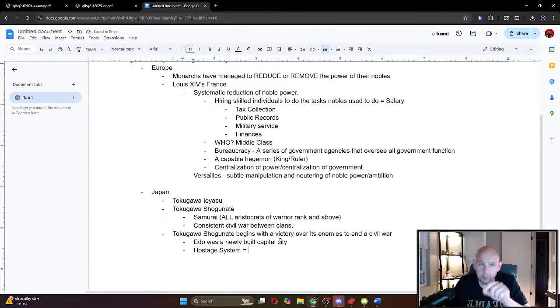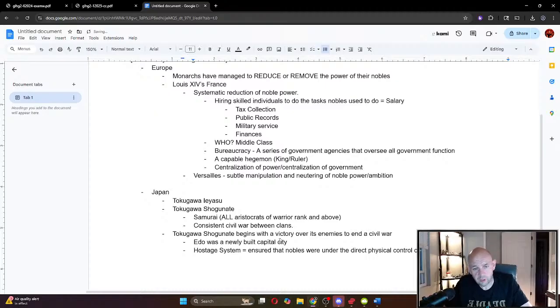His samurai lords had to spend six months out of the year physically in Edo, by law, by decree. The other six months, they had to leave the heir of their household there. That was the rules. So this hostage system ensured that nobles were under the direct physical control of the shogun.